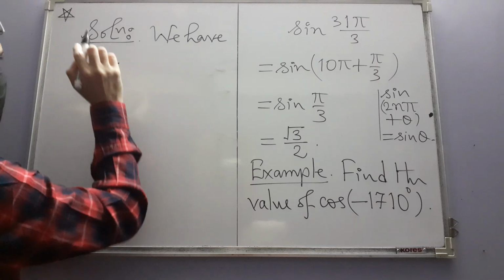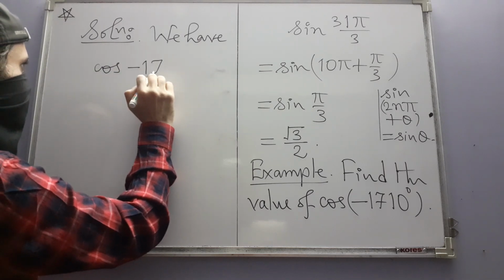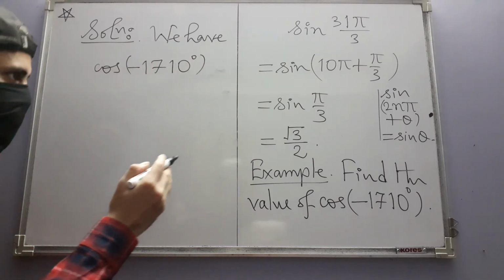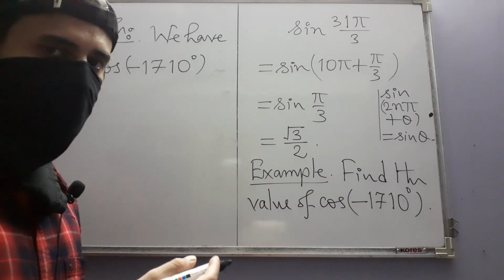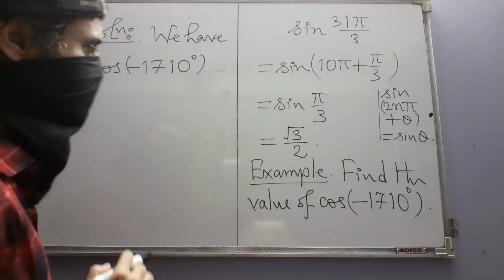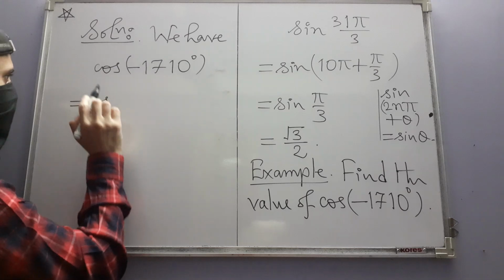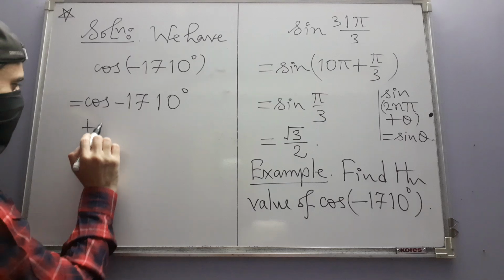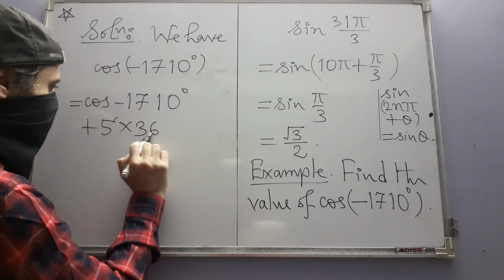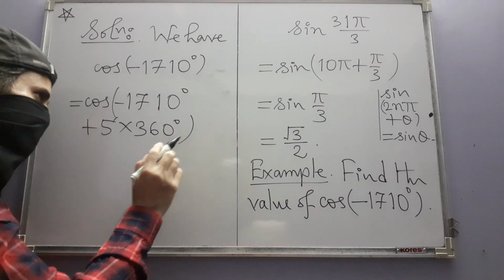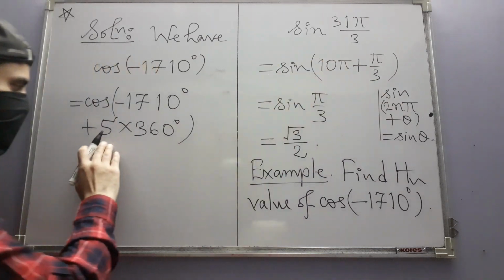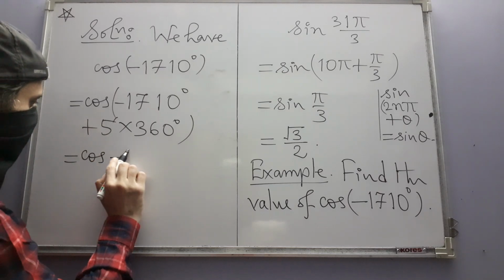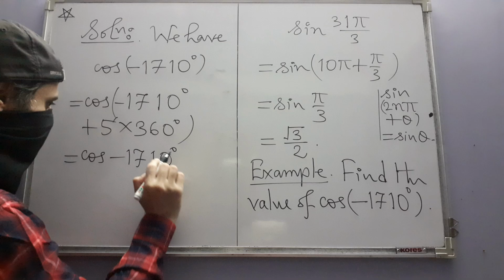So we start off like this. Adding a multiple of 2 pi in radians, but in degrees, 2 pi equals 360 degrees. So we add 5 times 360 degrees, the same thing as the 10 pi here.